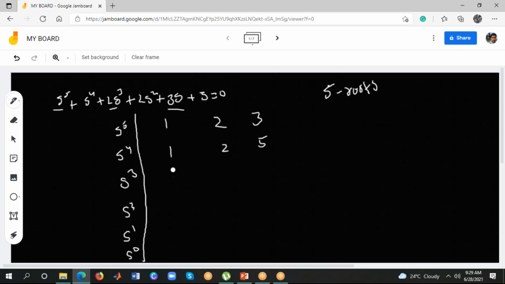What is the first value in the s cubed row?